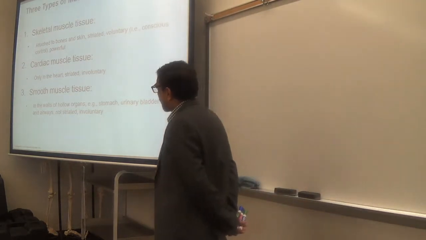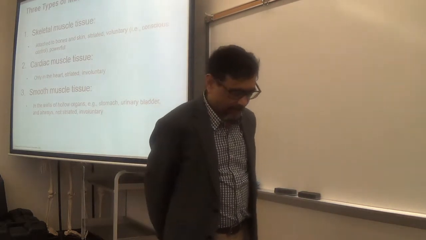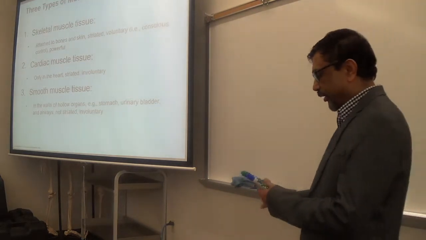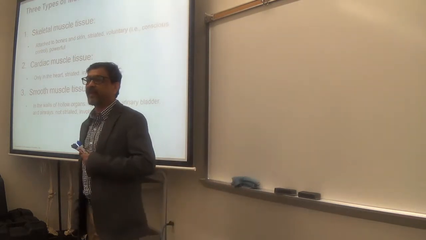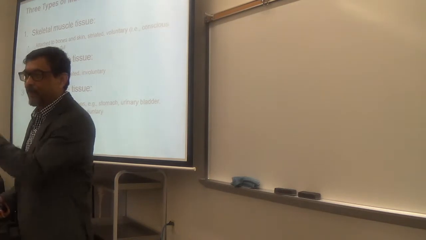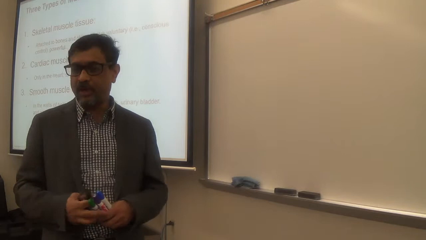Smooth muscle is also involuntary. Smooth muscle tissue is found in the wall of tube-like structures of your body, like esophagus, intestine, ureter, and you have blood vessels, arteries, veins, all those are tube-like structures.